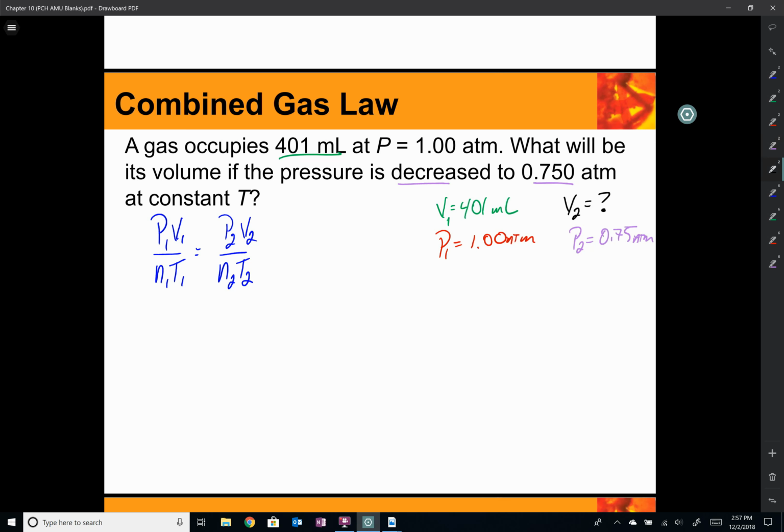So we have information about V1, check. We have information about P1, check. We have information about P2, check. We need to figure out V2. It tells us that temperature is constant. What does that mean for us? It means that T1 is equal to T2, and if it's constant, we can just get rid of it in our equation.